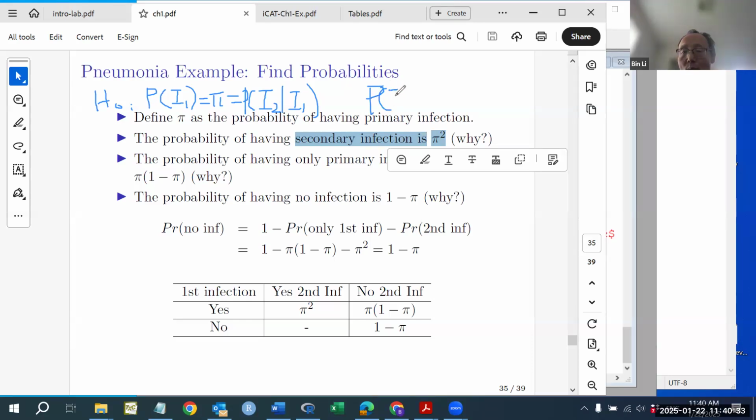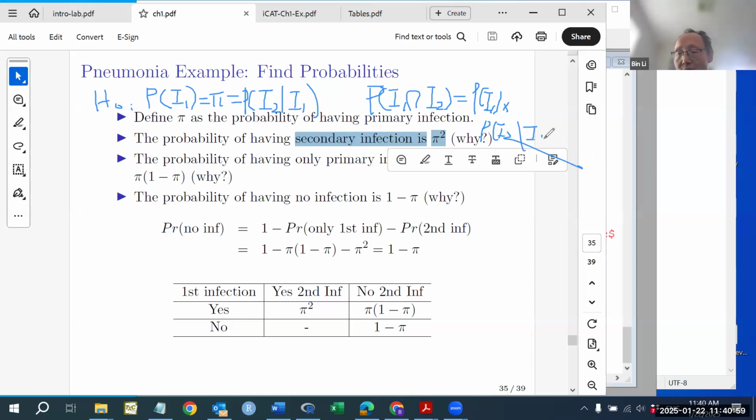Then the probability of having both infections, I1 and I2, based on the definition, will be the probability of I1 multiplied by the conditional probability of I2 given I1.